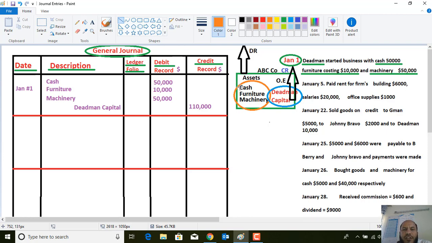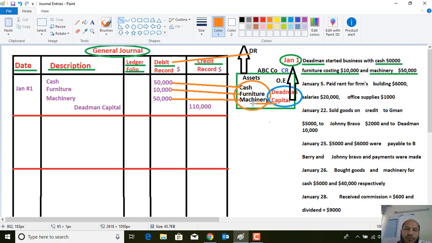So if you see, the cash, the furniture and the machinery, all of these were an increase in assets, and an increase in assets should be recorded at the debit side. But we also have the invested capital from Deedman.